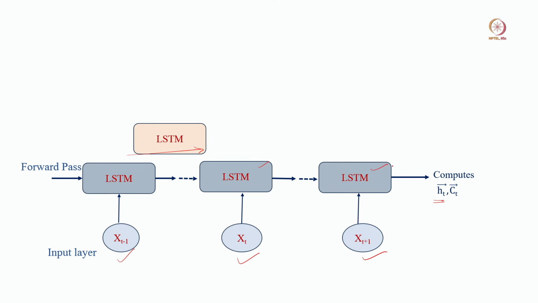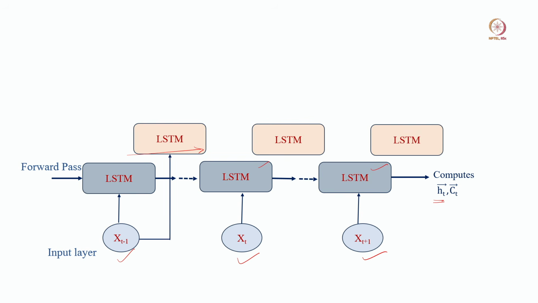Now, we have another set of LSTMs, and the input x t minus 1 goes here separately, x t also goes separately to that other LSTM, and x t plus 1 also goes to the other LSTM. This is the information that will pass in the backward direction.